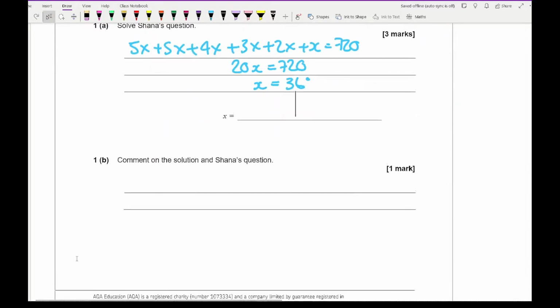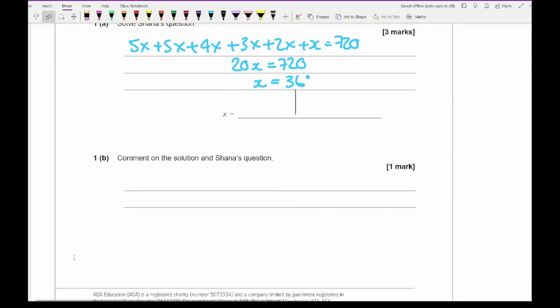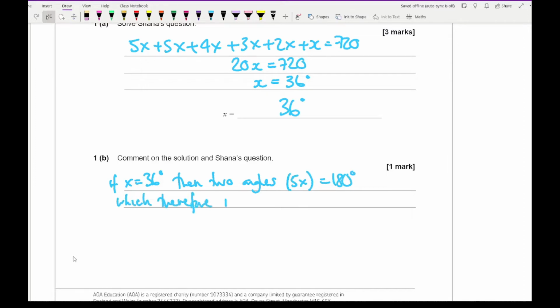Now the next part says comment on the solution of Shana's question. The reason for this particular question is that if x is equal to 36 degrees, then two of the 5x angles will equal 180 degrees, which means that they're going to be straight lines.